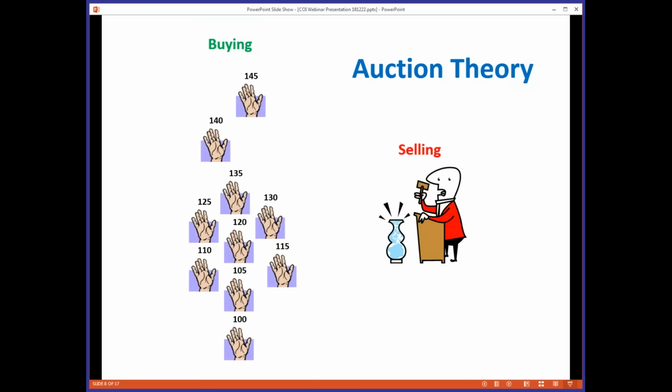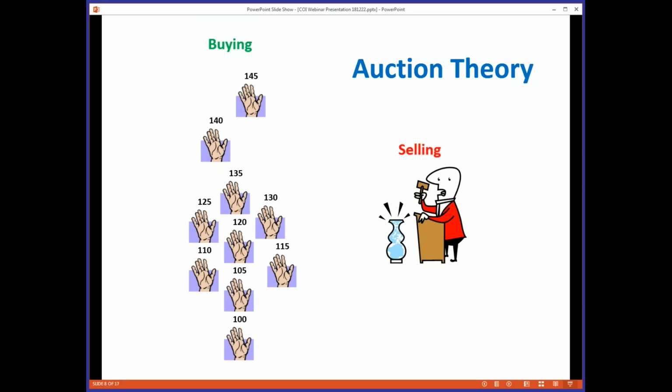Now, one of the takeaways from this little short simulation is that almost everybody in that room thinks that last guy paying $145 is paying too much, right? Nobody else is willing to bid that much. So at the top of this auction, most of the participants think the price being paid is too much.